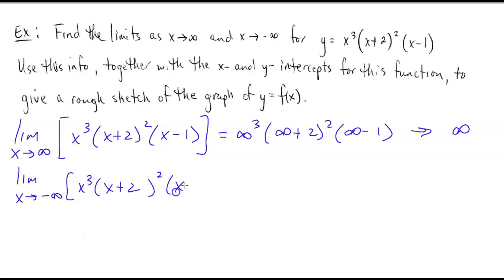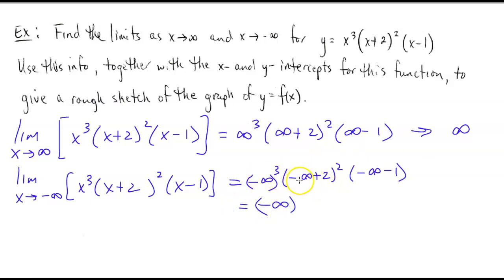We'll just replace x with negative infinity and see what we get there. Okay, and in this case, our negative infinity cubed will give us a negative infinity. Our negative infinity plus 2 squared will just give us a positive infinity.